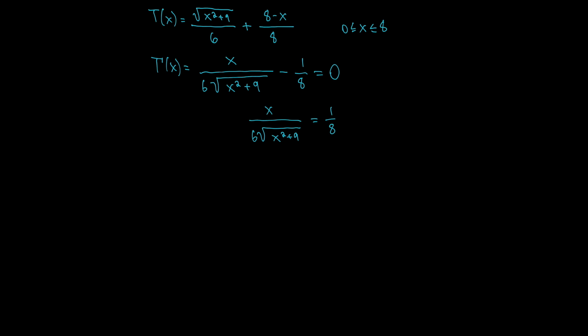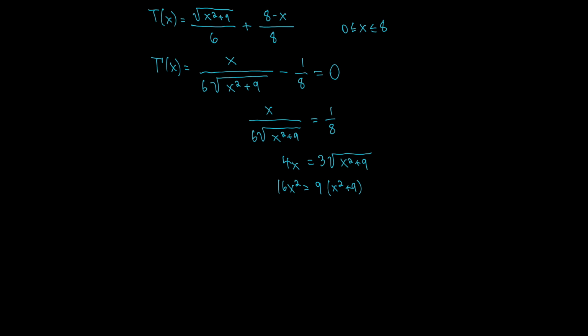And let's say this is 4x equal to 3 square root of x squared plus 9, by multiplying both sides by the square root of x squared plus 9 and then simplifying the 6 and the 8 to be 4 and 3. So we get 16x squared, by getting rid of the square root, equal to 9 times x squared plus 9.